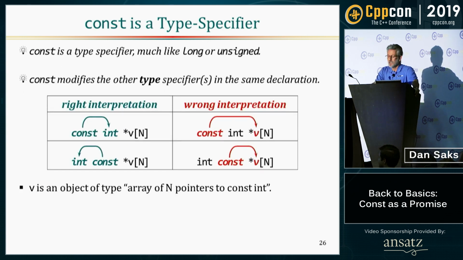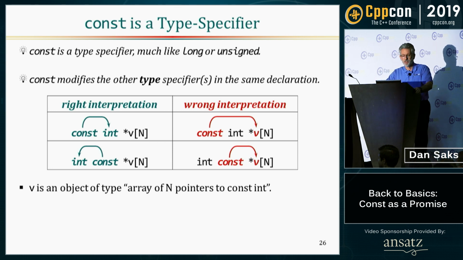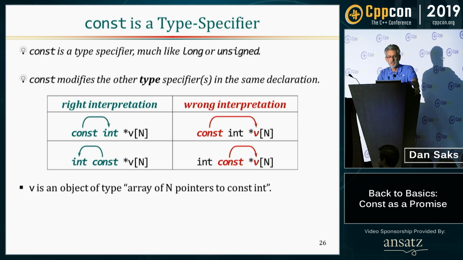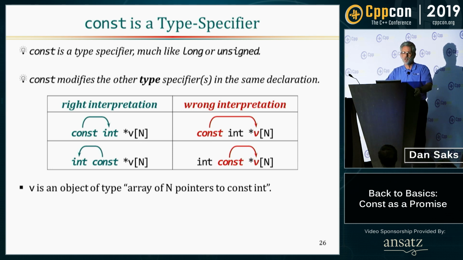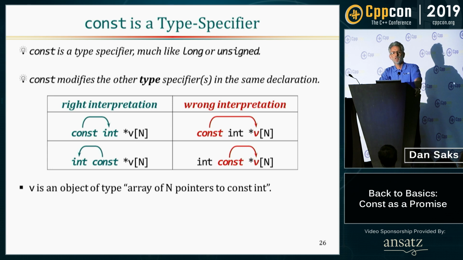Okay. This one is interesting. Const, turns out, is a type specifier like long or unsigned. It's not like static or extern, it's like long or unsigned. And this one never occurred to me until many years ago. I wrote an article for a now out-of-print publication explaining this stuff to the readers of that publication.